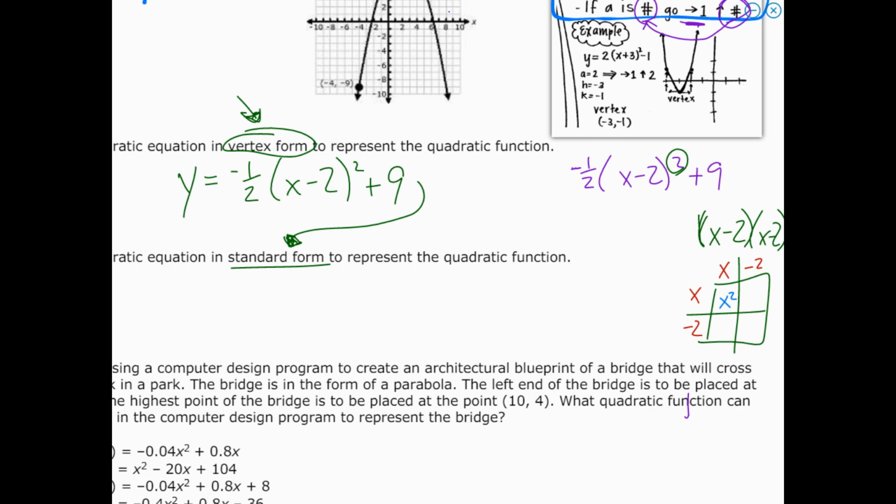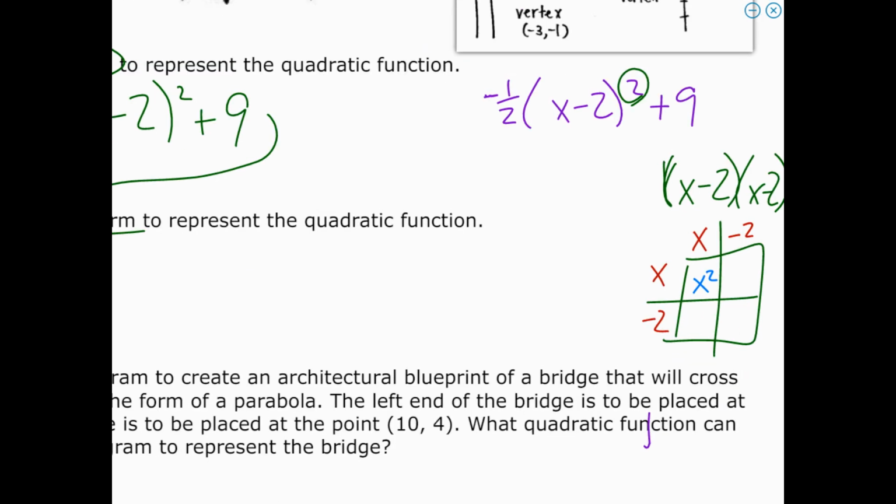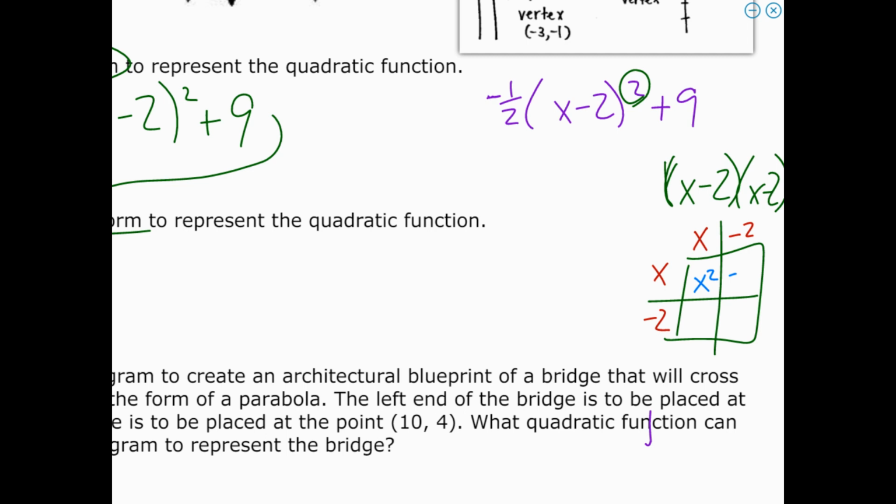Okay, x times negative 2: negative 2x. And then x times negative 2 again: negative 2x. And then negative 2 times negative 2: positive 4.